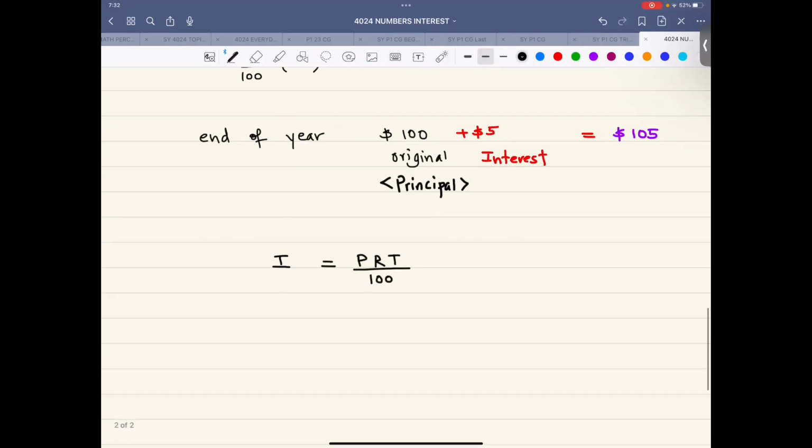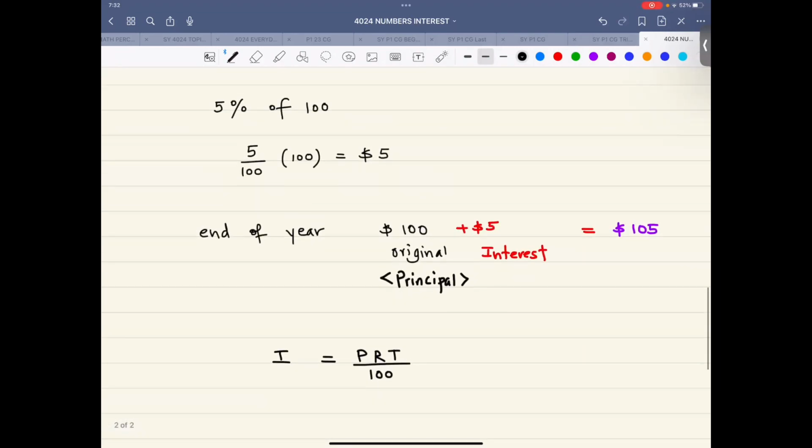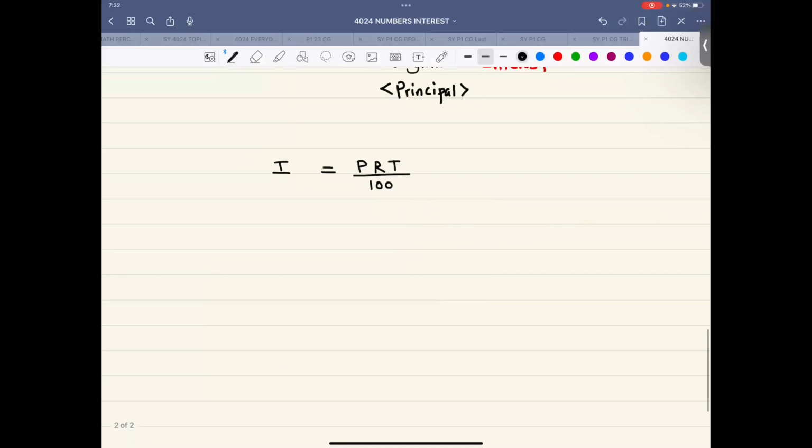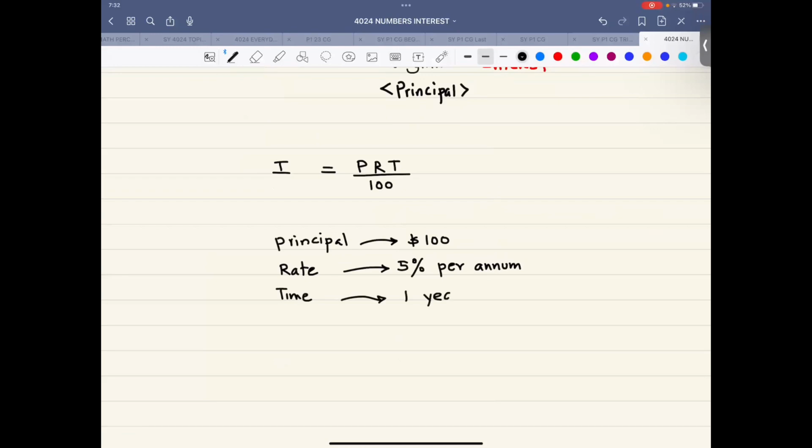We use the simple formula. Can we use this formula over here? Yes, we can. The principal value in this case is $100. The rate of interest is 5% per annum, per year. And the time period is 1 year.